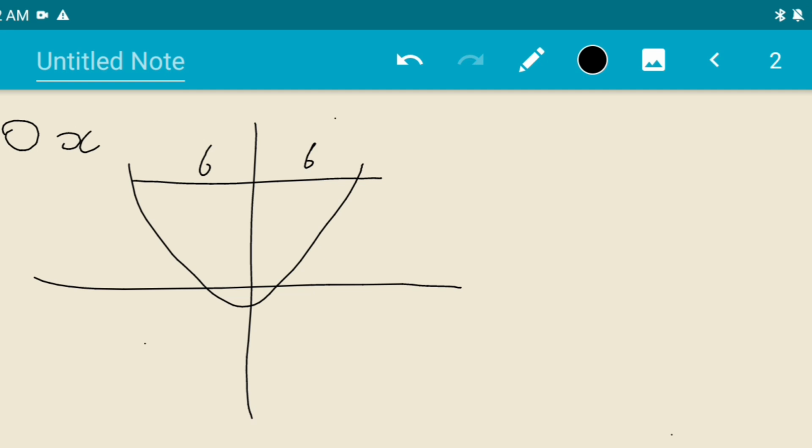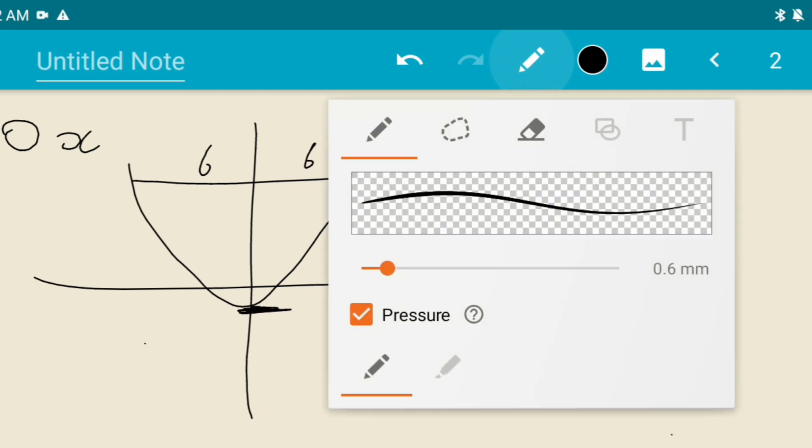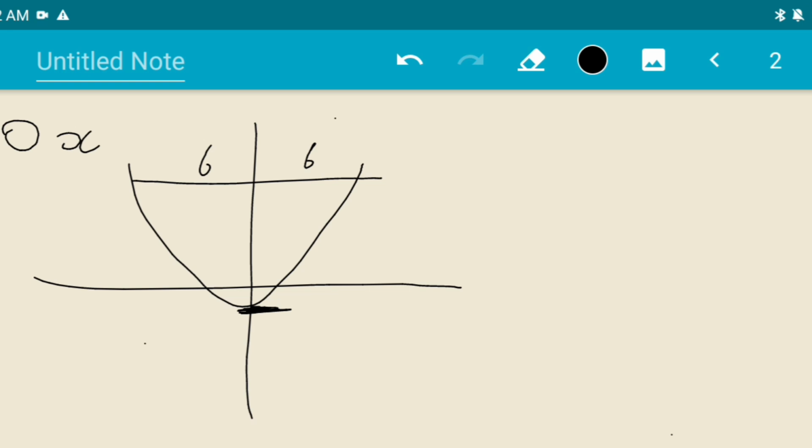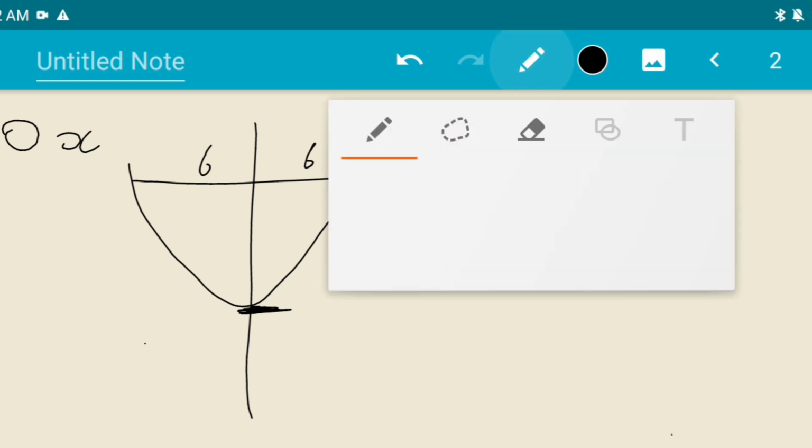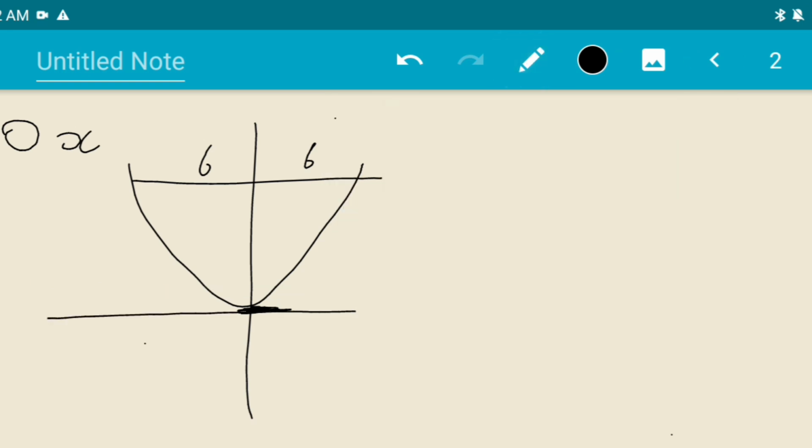So starting from the vertex, so we didn't draw that nicely, but yeah, starting from the vertex all the way up to that surface up there, this is 8 inches. So meaning the coordinates for this will be 6, 8.